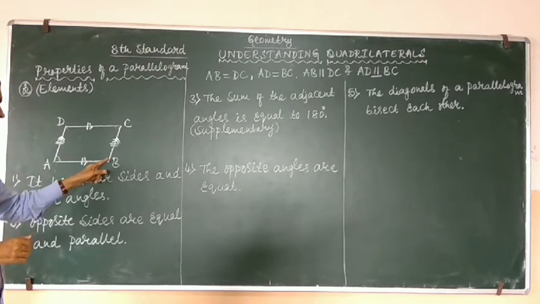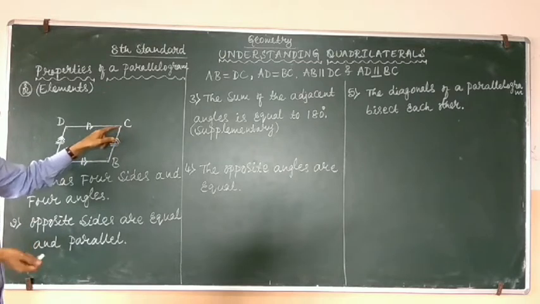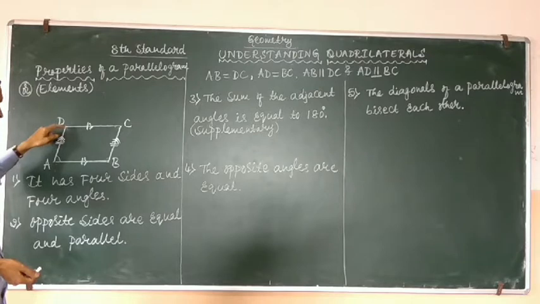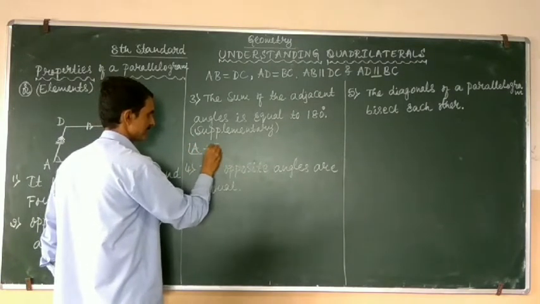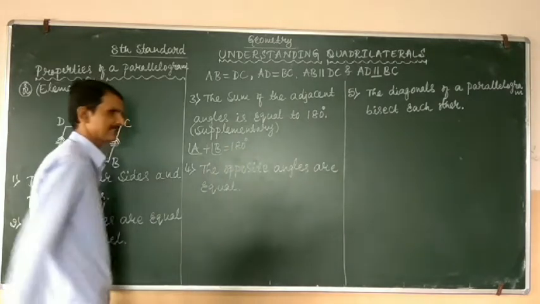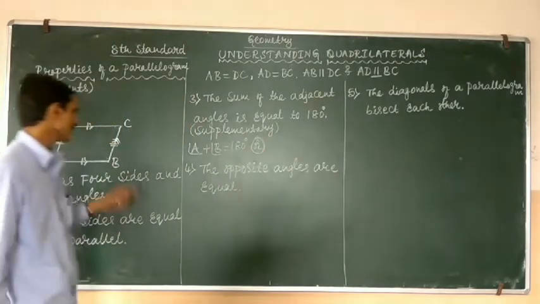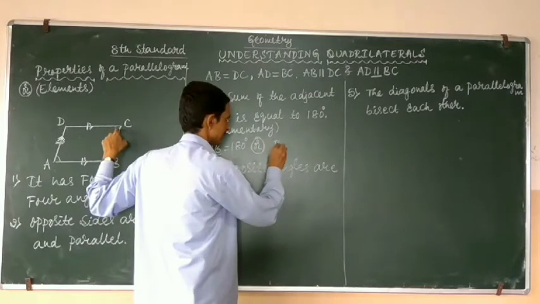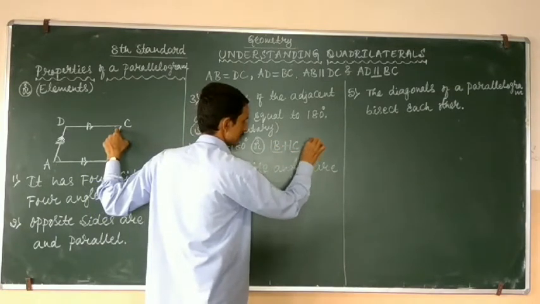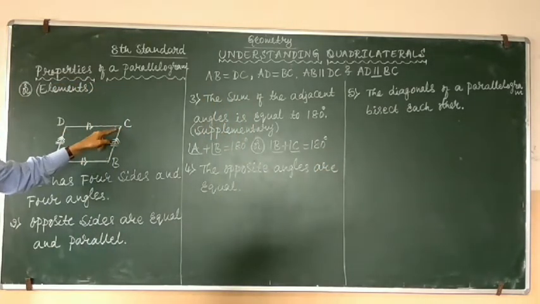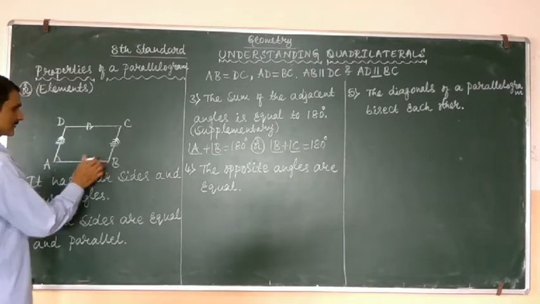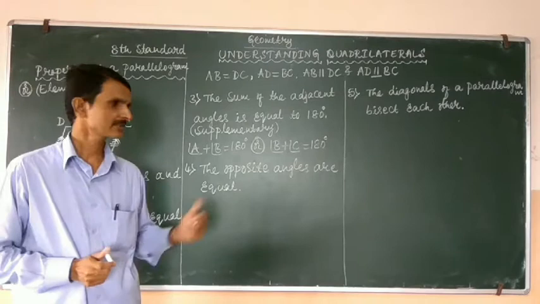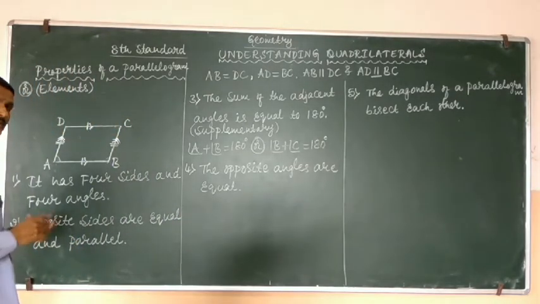Angle A plus angle B is equal to 180 degrees, angle B plus angle C is equal to 180 degrees, angle C plus angle D equals 180 degrees, and angle D plus angle A is equal to 180 degrees. Therefore, the sum of adjacent angles is always supplementary, equal to 180 degrees.